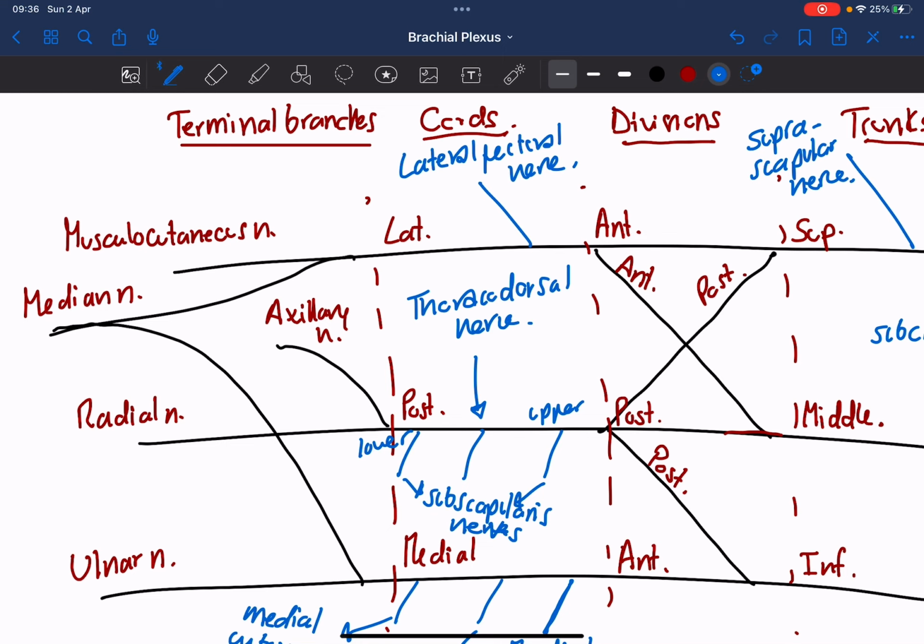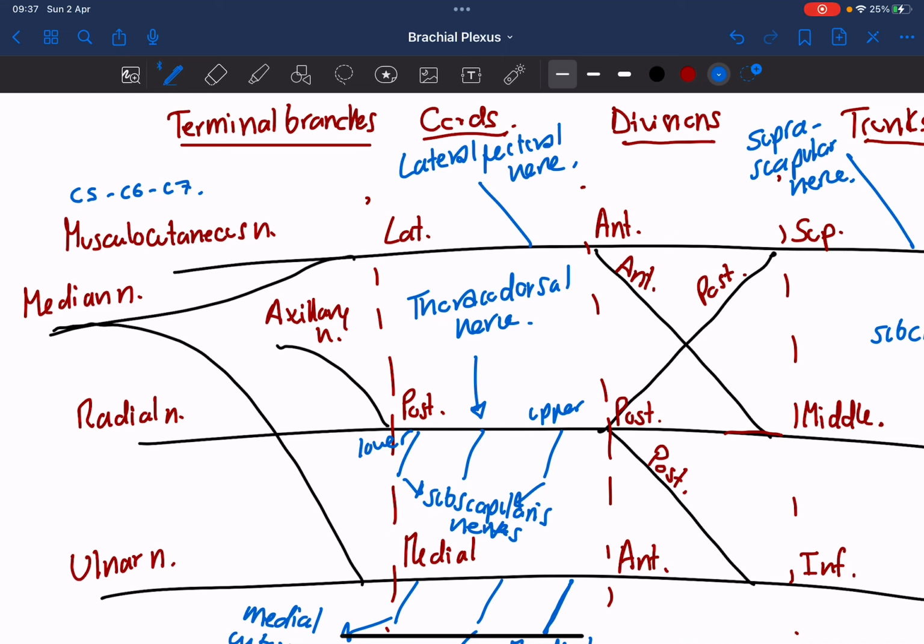So for example, the musculocutaneous nerve arises from C5, C6, and C7. And you also need to know what muscles are innervated by these nerves. Okay, so the musculocutaneous nerve supplies the coracobrachialis muscle, the biceps brachii muscle, and the brachialis muscle.